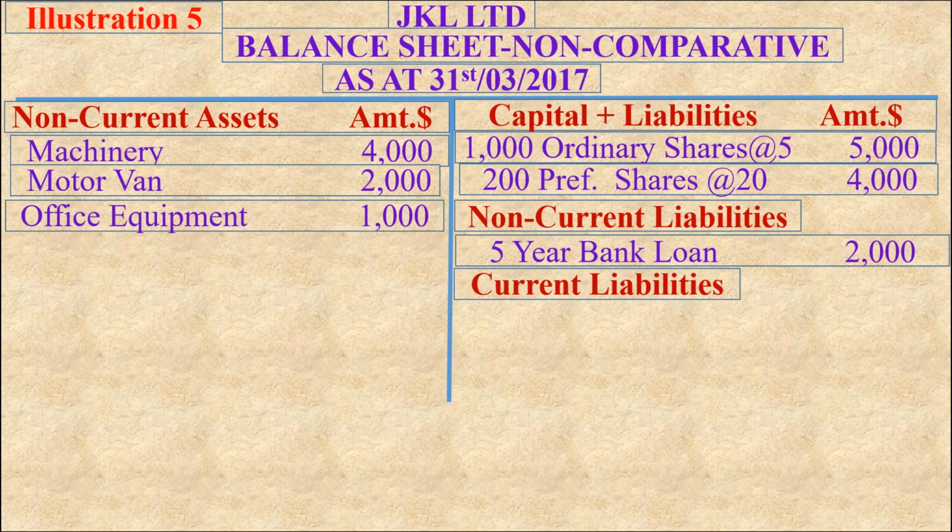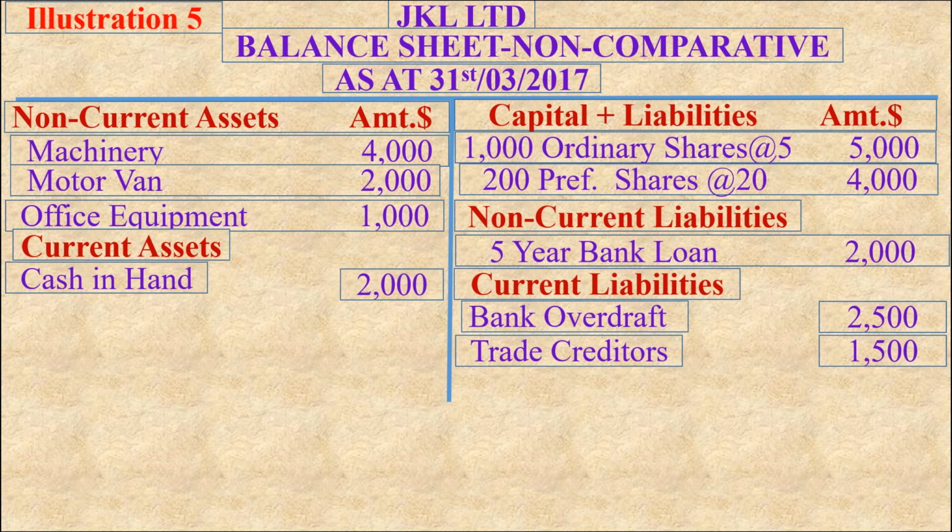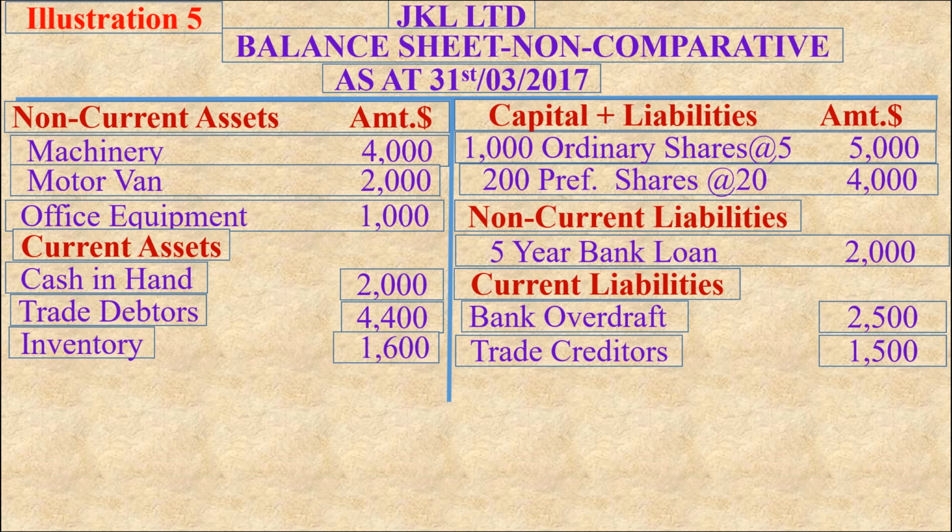Then we go to current liabilities. As I just said earlier, current liabilities included bank overdraft, which was 2,500, trade creditors amounting to 1,500, which were used to finance the current assets, which were cash in hand 2,000, trade debtors 4,400, inventory 1,600.